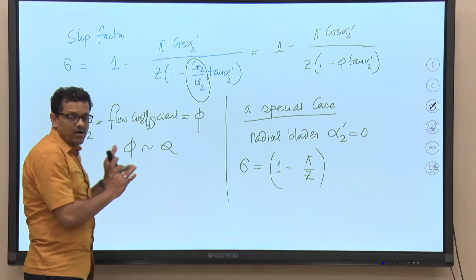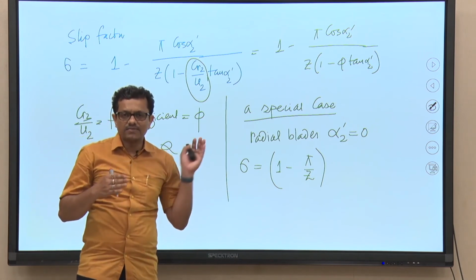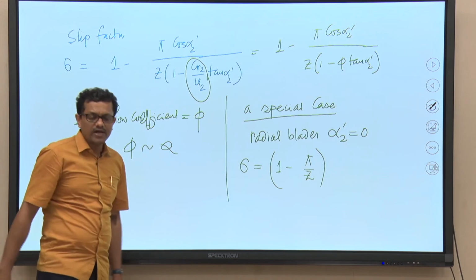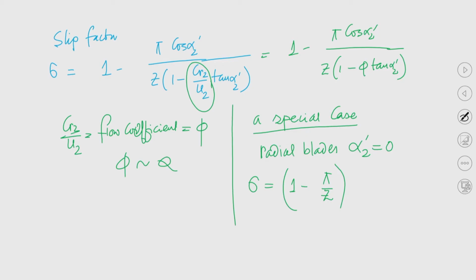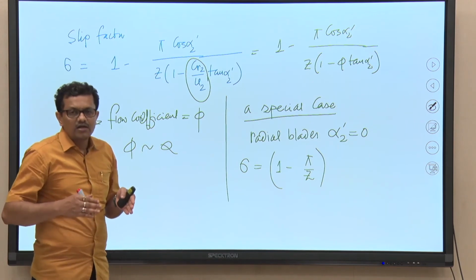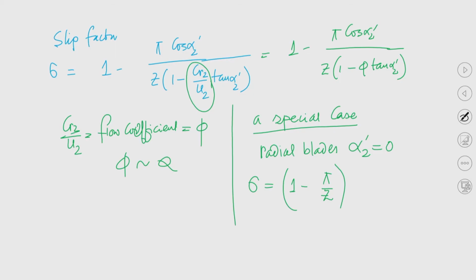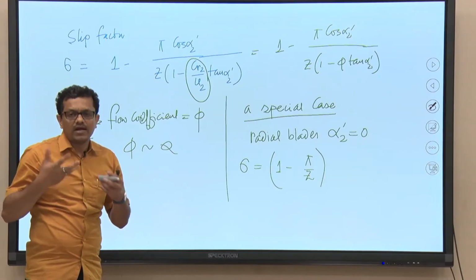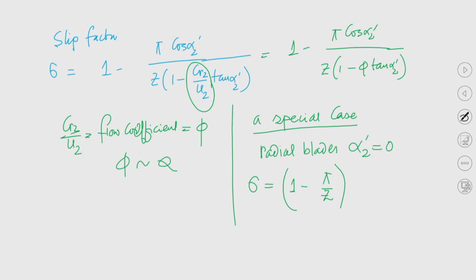So, this flow coefficient, as I told you, I will be discussing again when I discuss the pump affinity laws, but this flow coefficient is proportional to Q. This may be used to compare two geometrically similar machines. This phi is basically Q divided by n d cube. So, this is for the pump.